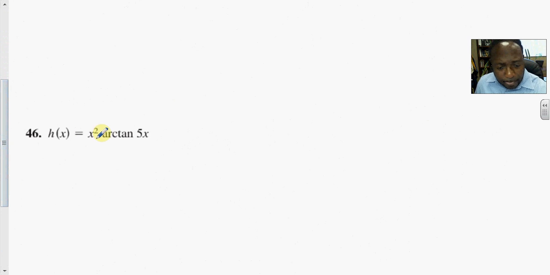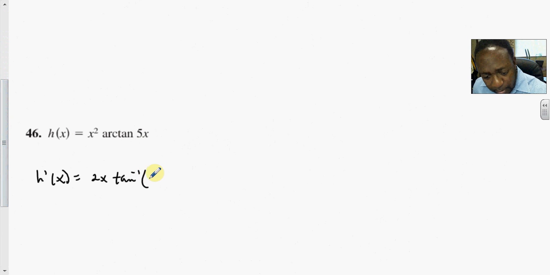Then down here, you have x squared times the tan inverse of 5x. We have to use the product rule with that x squared in terms of taking the derivative. So h prime of x is equal to the derivative of the first, which is 2x, times the second, tan inverse of 5x.